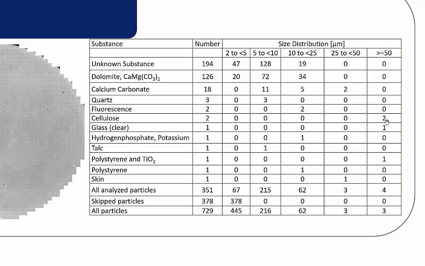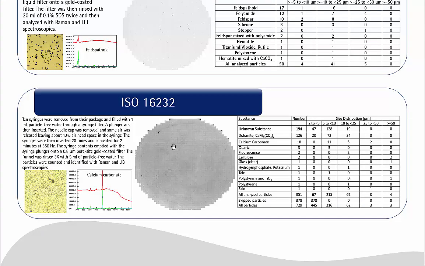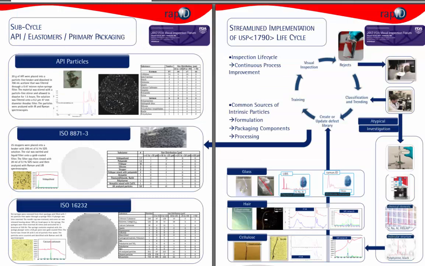Also 2 cellulose fibers, 1 glass particle, and some polystyrene with titanium dioxide. That's maybe related to the nest these syringes come in. Overall, we showed you a streamlined approach to implement the USP 1790 lifecycle, and we thank you for your attention.